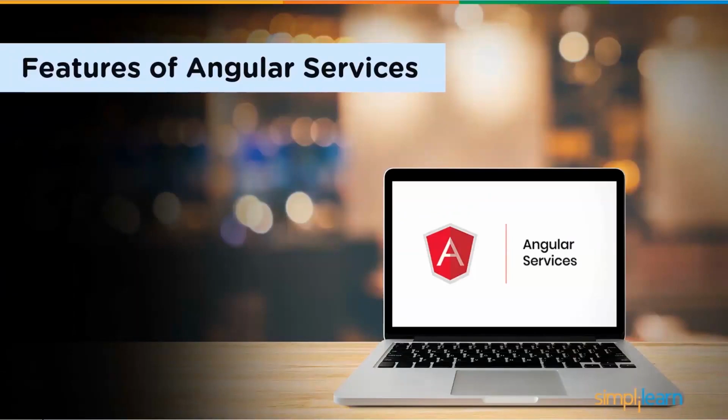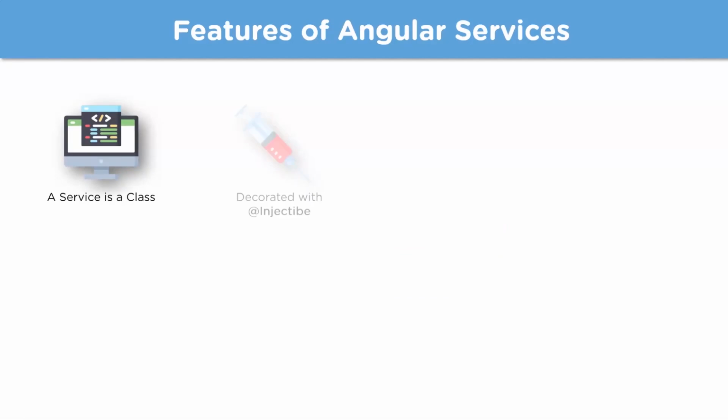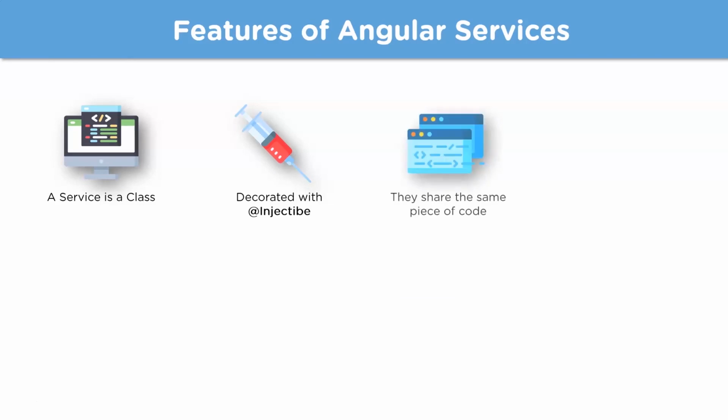So now let's talk about a few features of Angular services. Typically an Angular service is simply a TypeScript class with an @Injectable decorator. This decorator tells Angular that the class is a service and can be injected into components that need that service. Now they can be used to share the same piece of code.